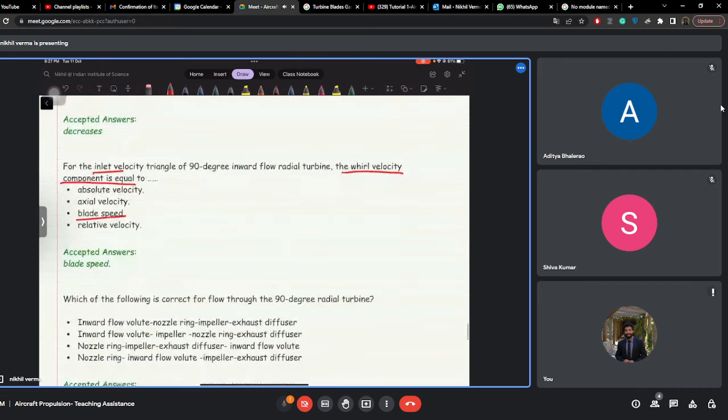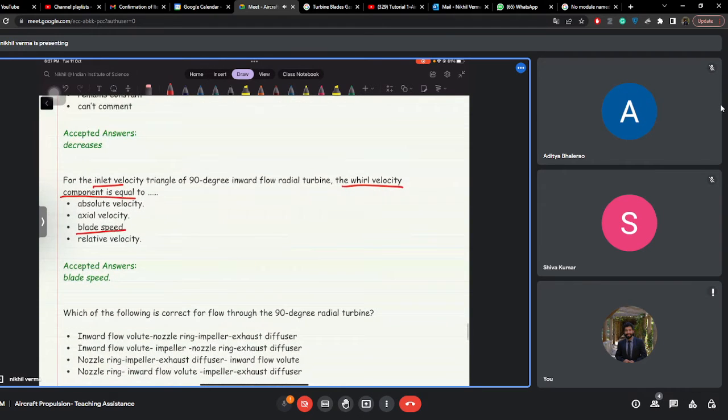Coming on to this problem, which of the following is correct for the flow through a 90-degree inlet radial turbine? We have to tell from where to which location the flow takes place, which is the correct order.